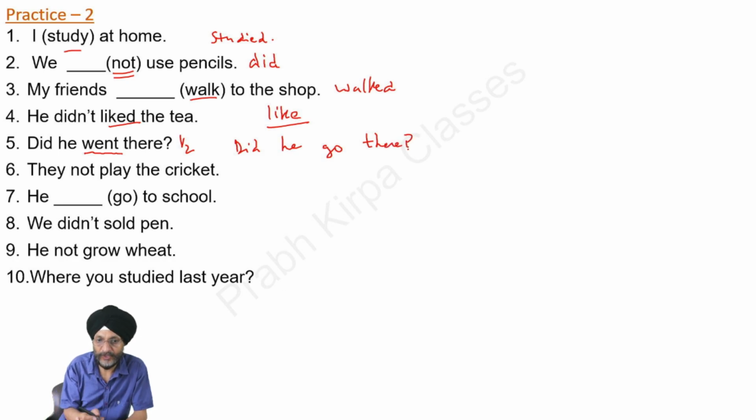At the end of the question, please don't forget to mark the question mark. They not play the cricket. Here you will see that the helping verb is not used. They did not play the cricket.